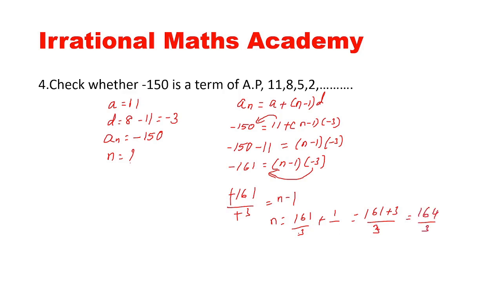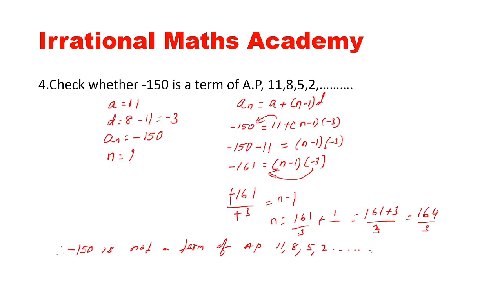If you want to check, 6 plus 4, 10, 10 plus 1, 11, this is also not divisible by 3. Therefore, minus 150 is not a term of the given AP. The given AP can be written as 11, 8, 5, 2 and so on.